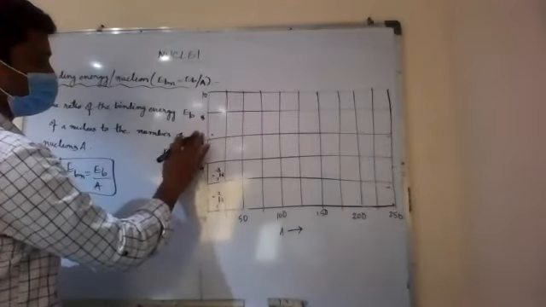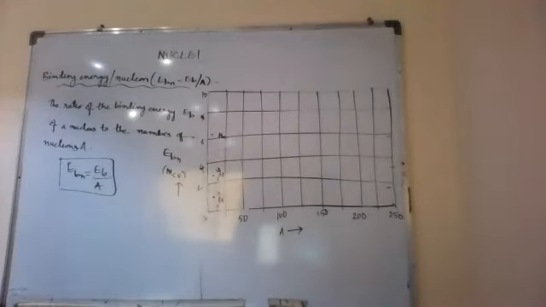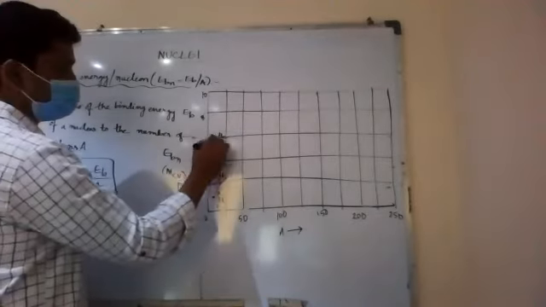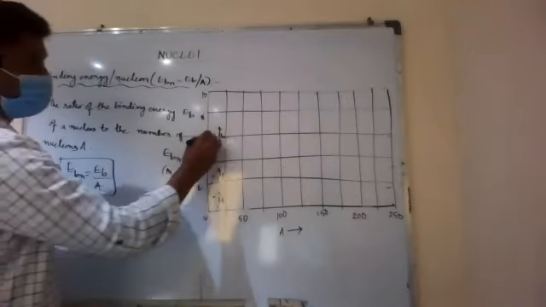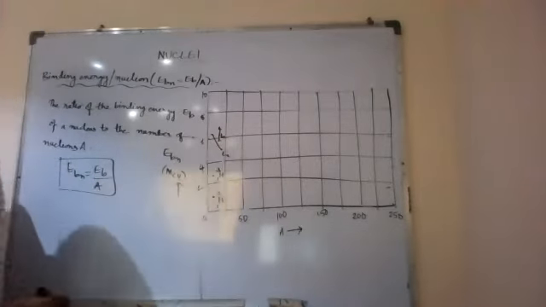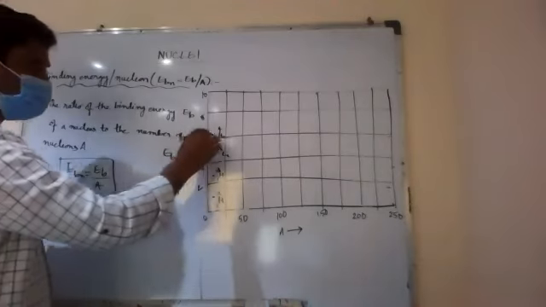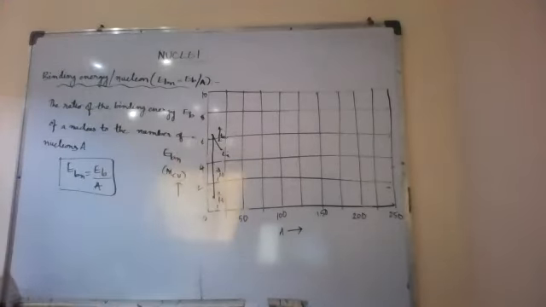Helium is He24. Then comes lithium. Then we go to carbon.